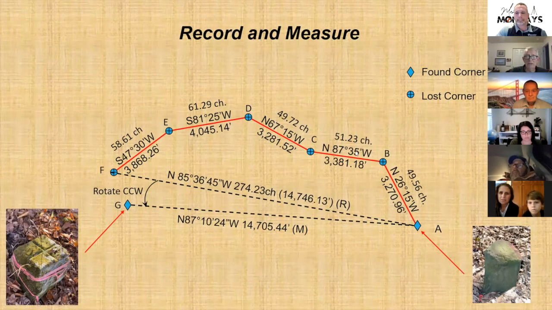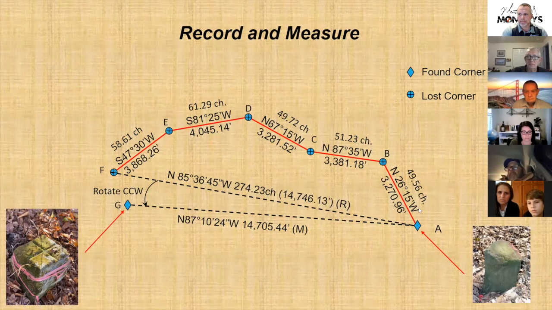What we have along these red lines is record information. We got this from some historical document or field notes or however we came by it. I want you to notice between line A and B here, we have north 26 degrees, 15 minutes west, 49.56 chains. That's what they were doing when they surveyed this, we'll say 1905, whenever it was.